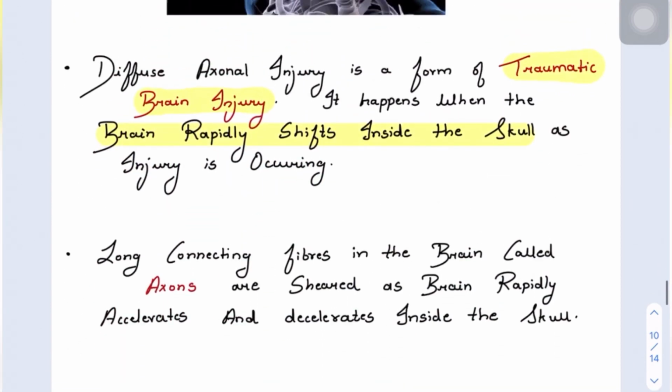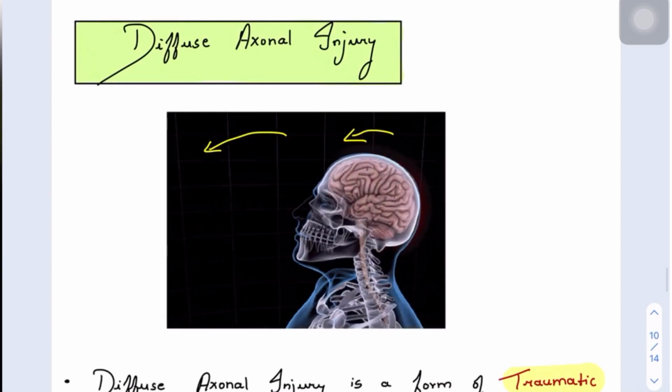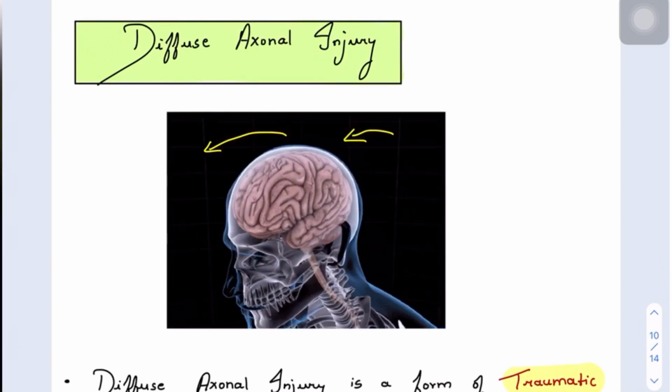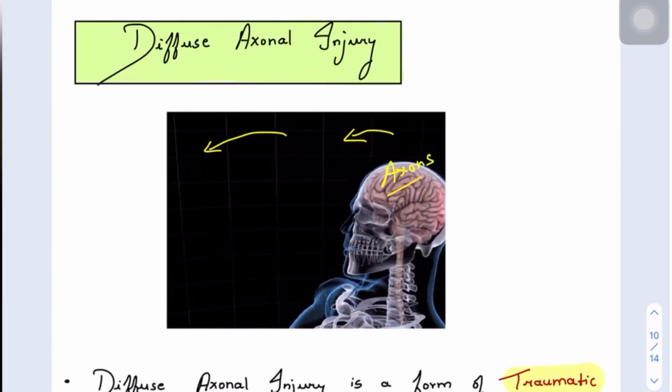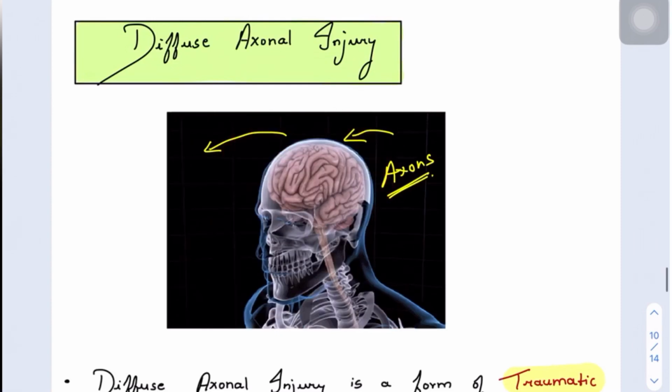And in this type of injury, long connecting fibers in the brain called axons are sheared as the brain rapidly accelerates and decelerates inside the skull. Okay, so in this injury, the axons are involved. So it is known as diffuse axonal injury.